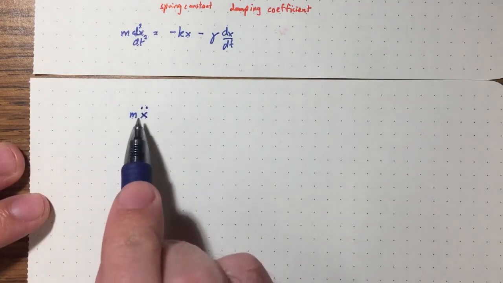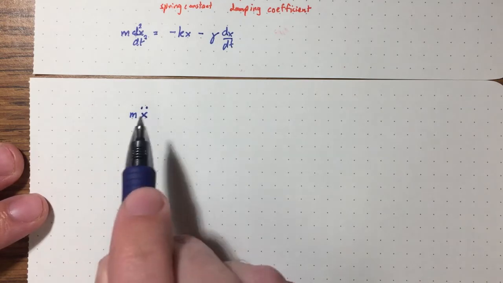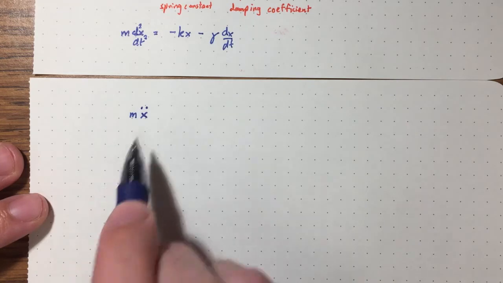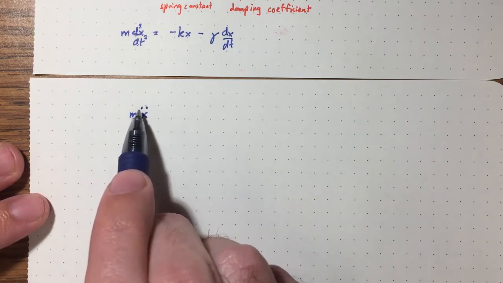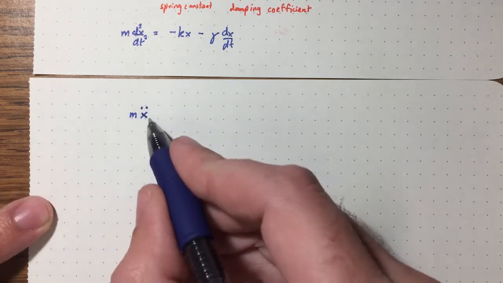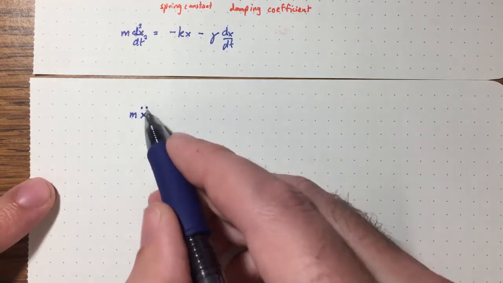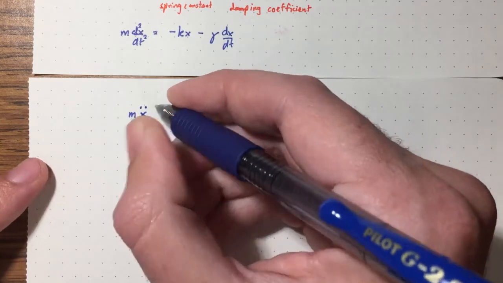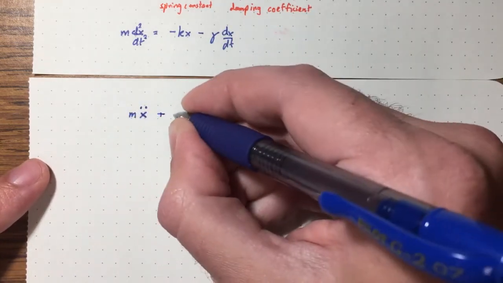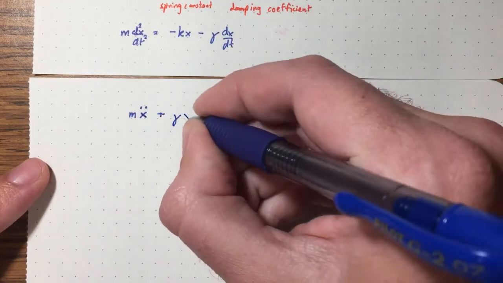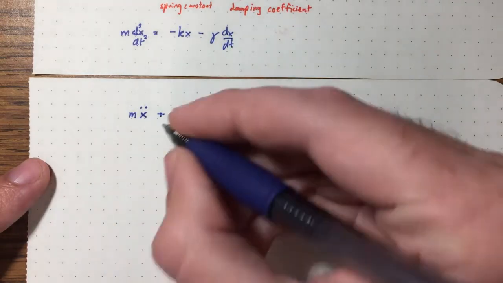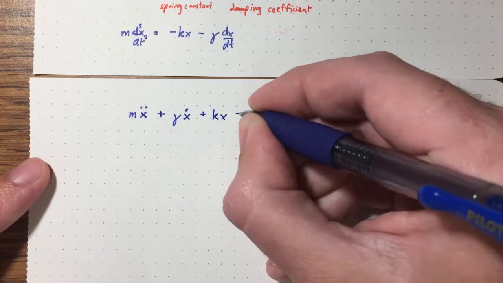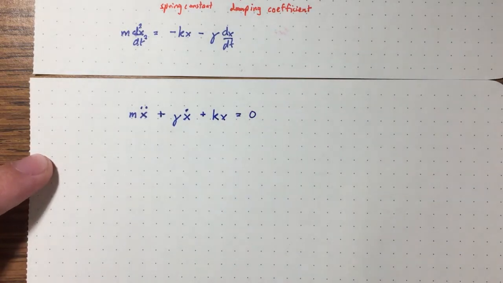This is Newton's original notation for a derivative, and physicists or mathematical physicists will often use this to indicate a time derivative. It's just a lot easier to write this than to have to write this whole thing. So m times x double dot plus gamma times x single dot, a single derivative with respect to time, plus kx equals 0. That's our differential equation.